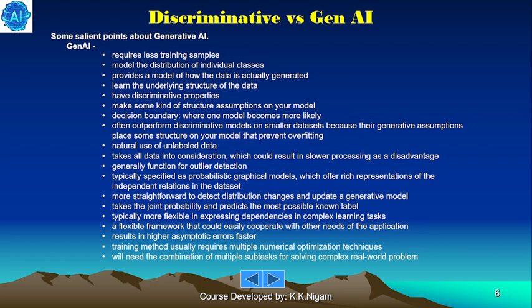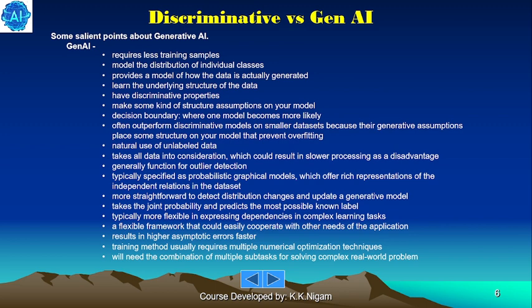Where one model becomes more likely, generative models can outperform discriminative models on smaller datasets because their generative assumptions place some structure on your model that prevents overfitting. Natural use of unlabeled data takes all data into consideration, which would result in slower processing as a disadvantage.